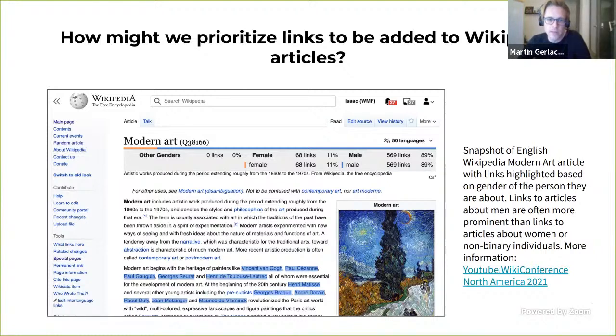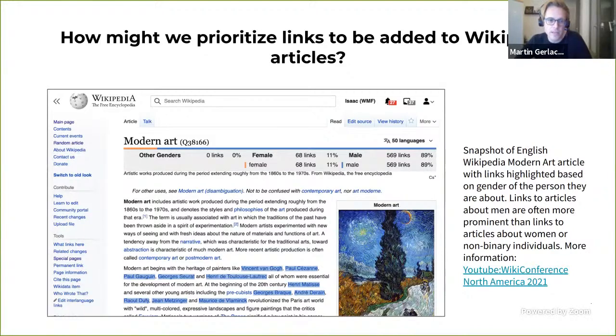The knowledge gaps that we have explored in the taxonomy of knowledge gaps are also represented in the link structure, in how articles are interlinked. So this might be less well known. It's very well known that the number of articles on women, for example, is much lower than the number of articles on men.